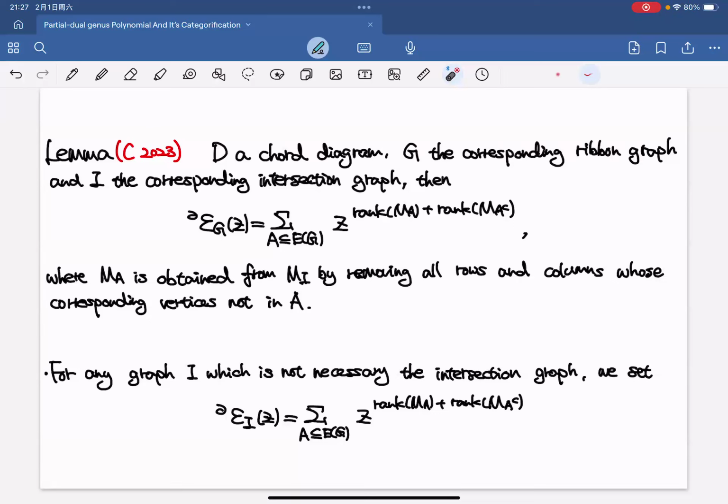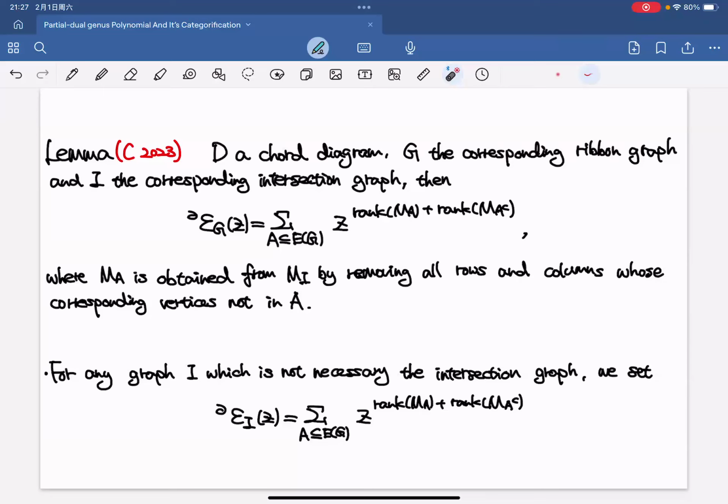We show that we can calculate the partial dual genus polynomial by using the ranks of 2 matrices, and these 2 matrices can be defined from the intersection graph.